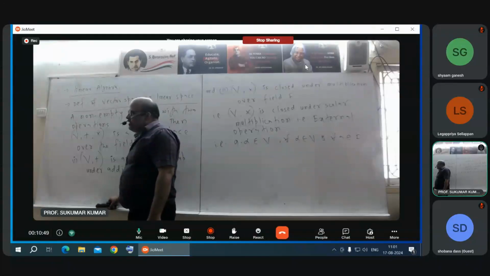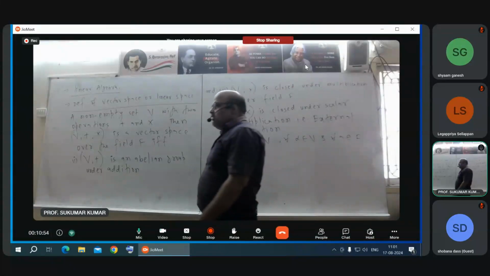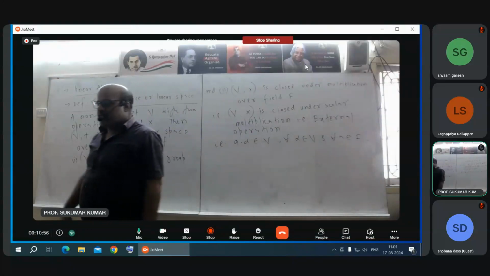So vector space means under addition an abelian group, and under scalar multiplication the closure law satisfied.